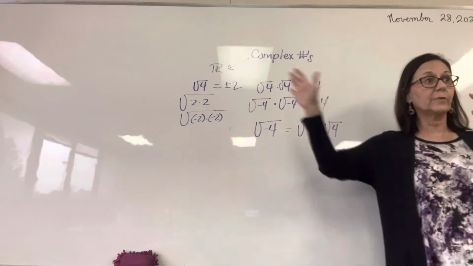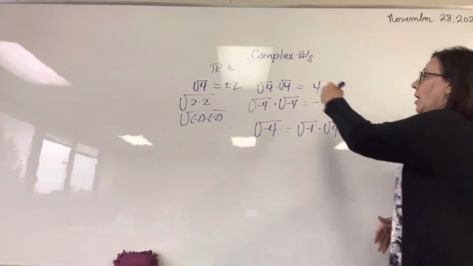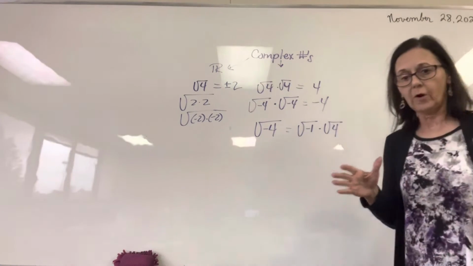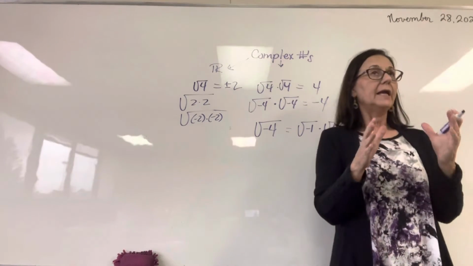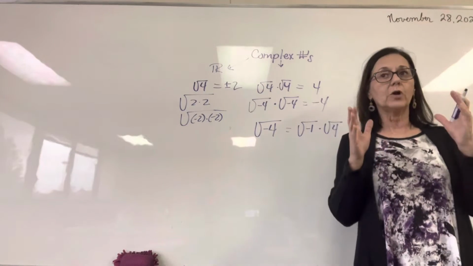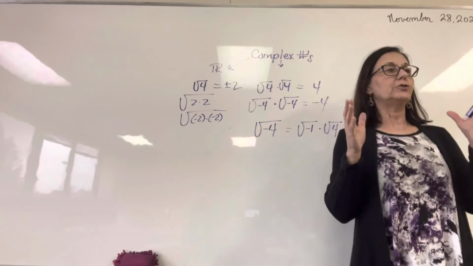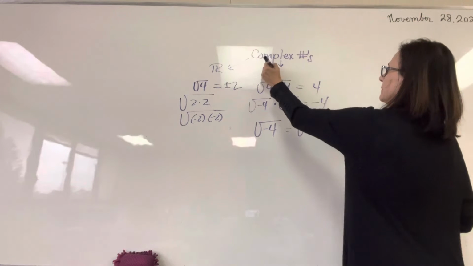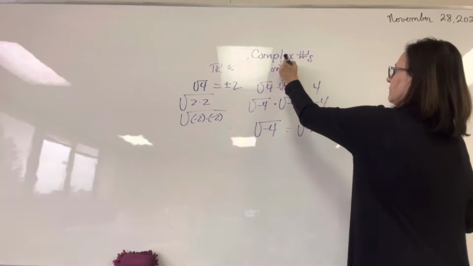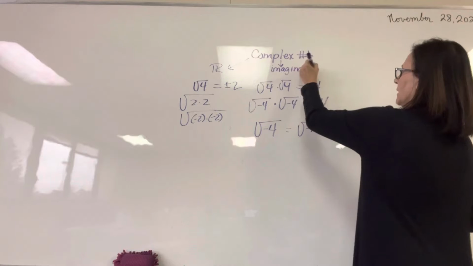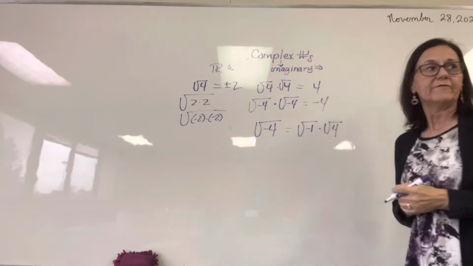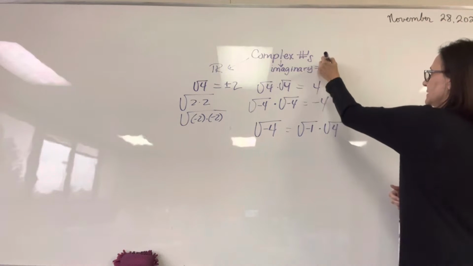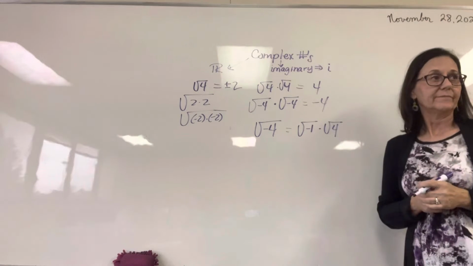That's the real side. Anytime you hear the word complex numbers, you should always think imaginary. There's only one complex number, and it's written i.